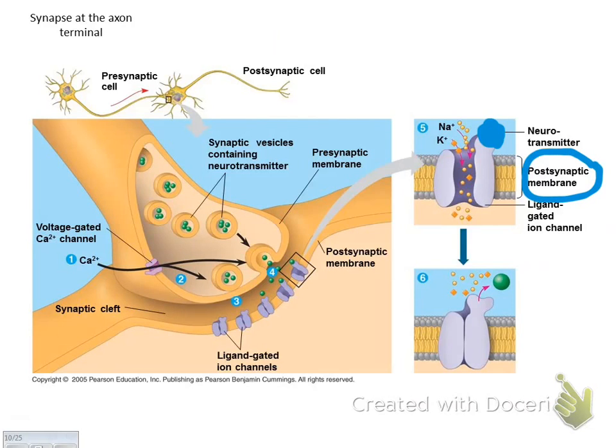Acetylcholine binds to the protein on this neuron. And when it binds, look at my picture. What happened when it bound? It opens the channel.